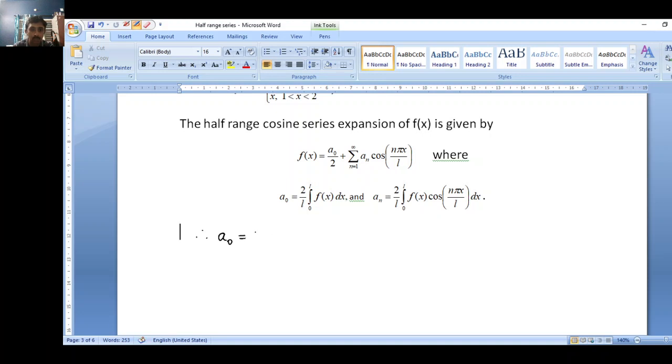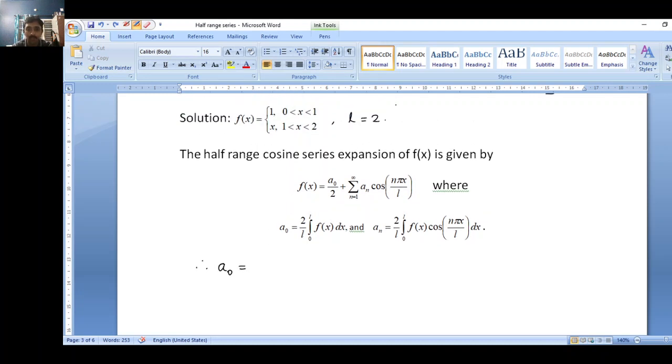So a naught as given above is 2 by, what is L here? L is 2 here, as you can see. So because L is 2, this will be 2 by 2, which is 1. So this is simply integral 0 to 2 f of x dx. And because f of x is a split function, we'll have to split this in terms of two integrals.